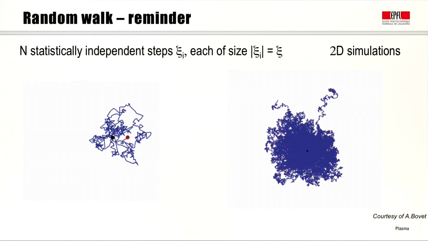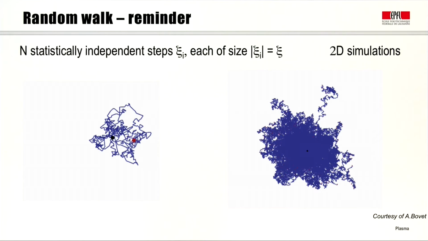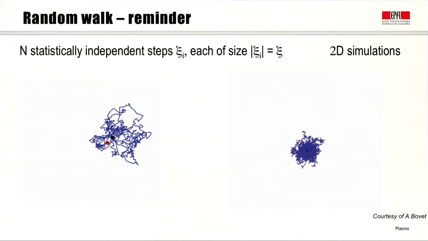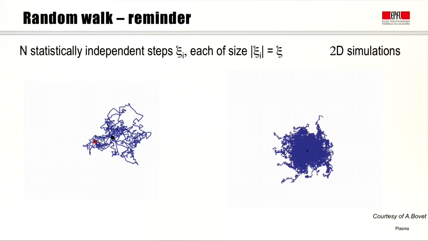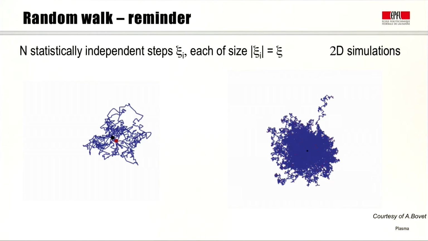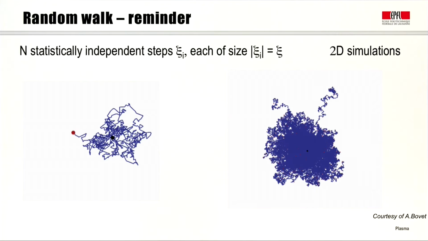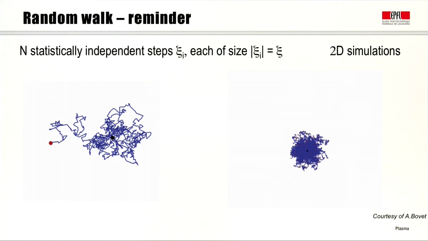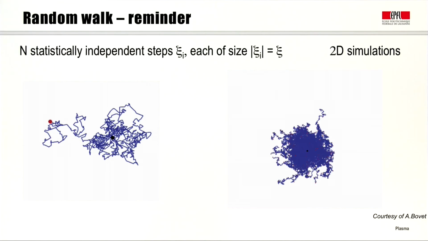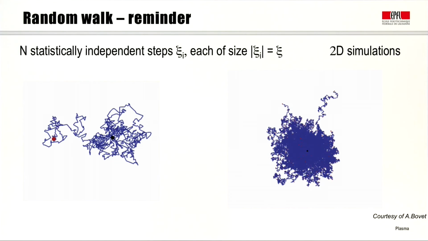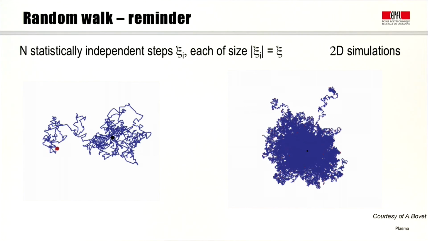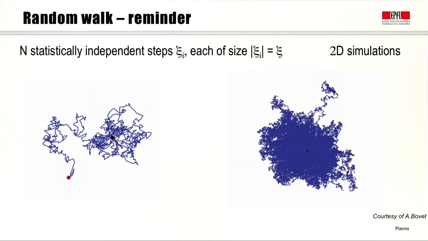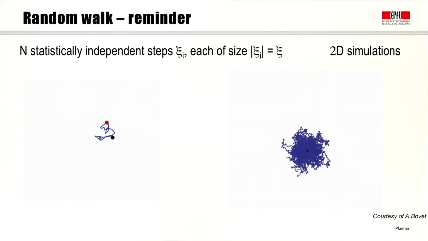On the right-hand side you see a movie that simulates the evolution of many particles, each of which undergoes a random walk. So you can see the different steps on the left, and on the right the spreading of a cloud, which represents the spreading of the initially close particles under the influence of that random walk.